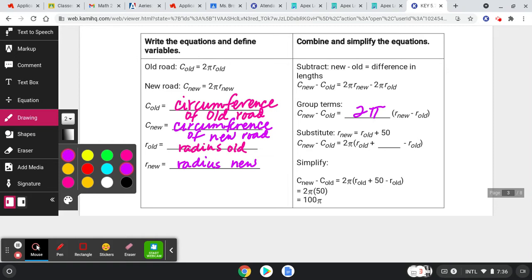So the c of the new minus the c of the old equals 2 pi. And then r of the new minus r of the old is going to be 50, right? More. And so if we simplify, we get 2 pi times that 50, or 100 pi.